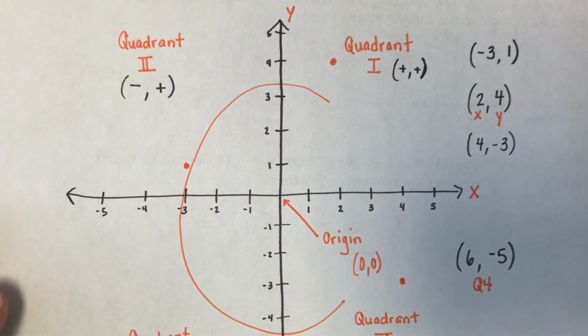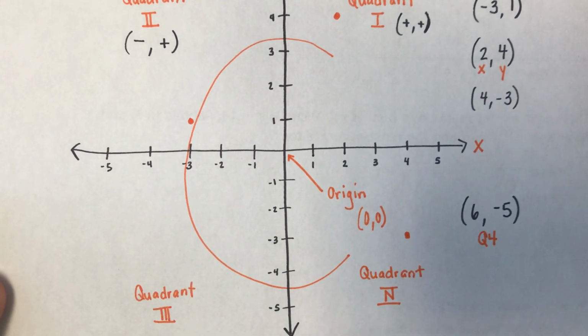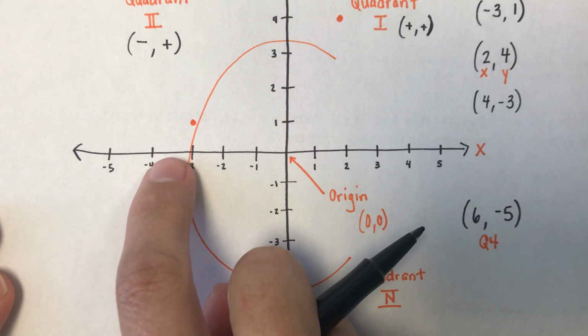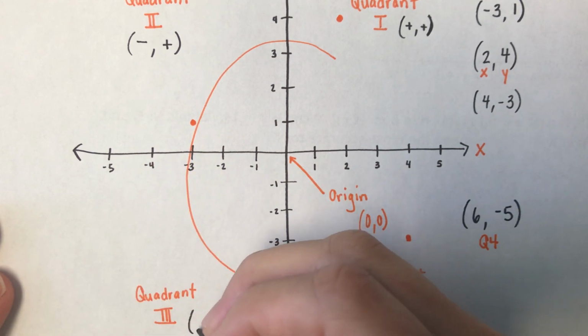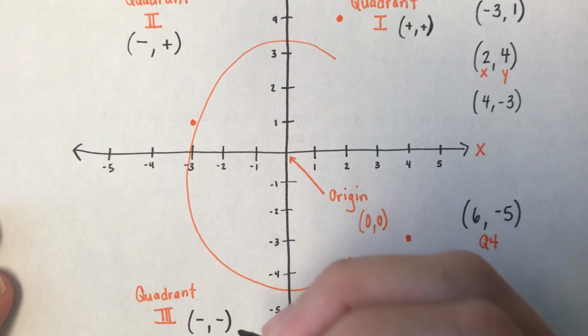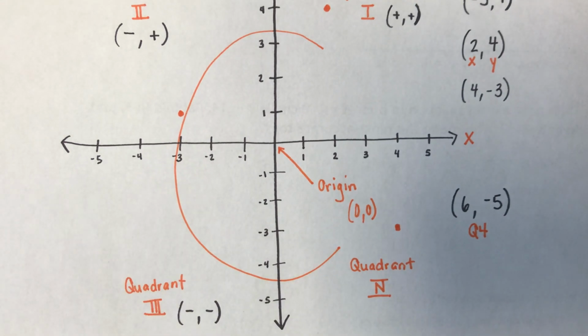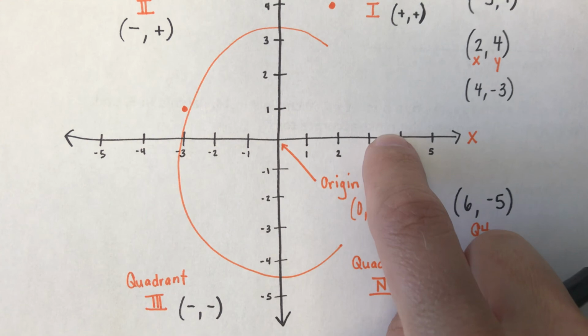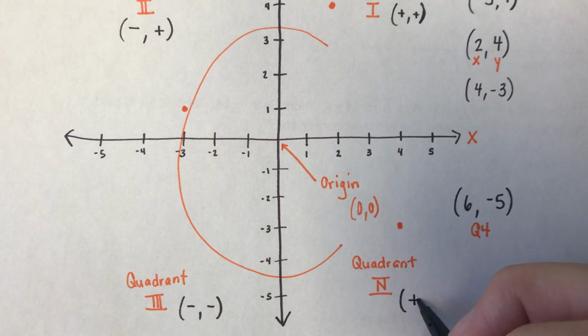All right. If I'm going to quadrant 3, what direction am I going first? Well, first I'm going left and then I'm going down, which would mean that both of these numbers have to be negative. All right, and then the last quadrant, quadrant 4, I'd be going right and then I have to go down, so that would be positive first and then negative.